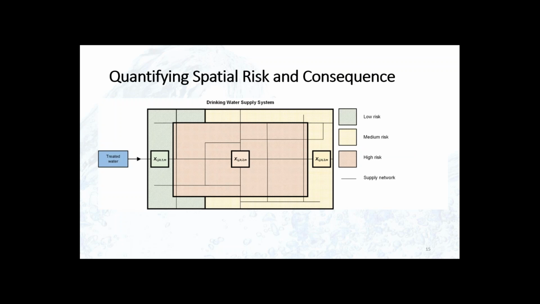The beginning of the supply system was classified as low risk, being less susceptible to cross-contamination and serving generally the smallest population. The middle of the supply system, the area serving the highest portion of the given population, is classified as high risk. The extremity is classified as medium risk due to the assumption of it encountering the maximum number of system failures and serving the second highest population.